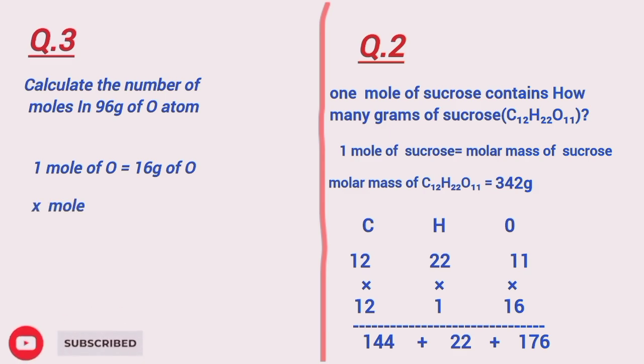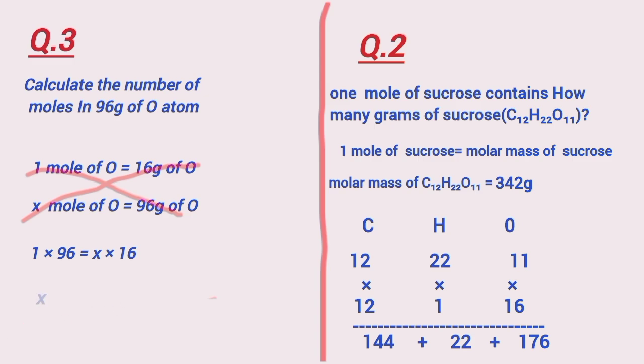So we say let x moles of oxygen be equal to 96 grams of oxygen. Cross multiplying, we have 1 times 96, which is equal to x times 16. Making x the subject of the formula, we have x is equal to 96 over 16. Dividing this, we have 6. So there are 6 moles of oxygen in 96 grams of oxygen atom.